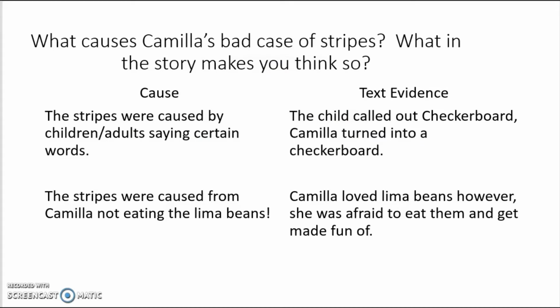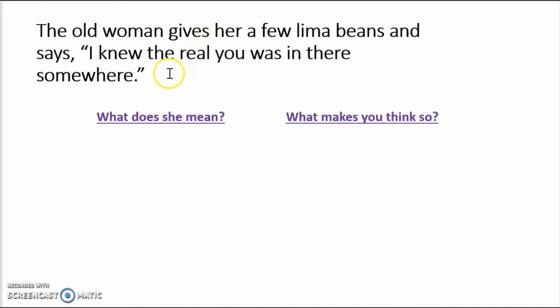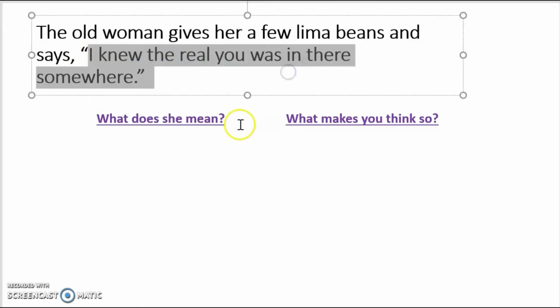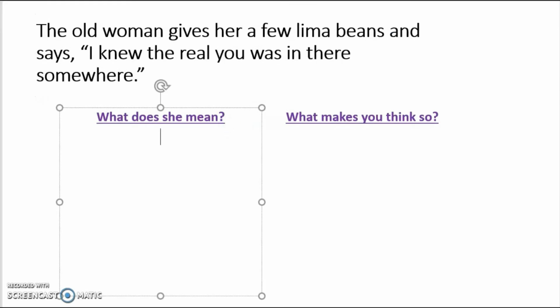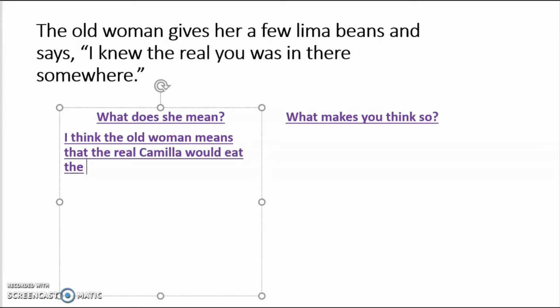After that, we went on to focus on this cute old lady who appears at the end of the story. She's the one who gives a few of the lima beans to Camilla, and she makes this statement, and you can see it right here: "I knew the real you was in there somewhere." I asked the question, what does she mean by that? And I talked to Julia, and Julia said that she thinks the old woman means that the real Camilla would eat the lima beans.